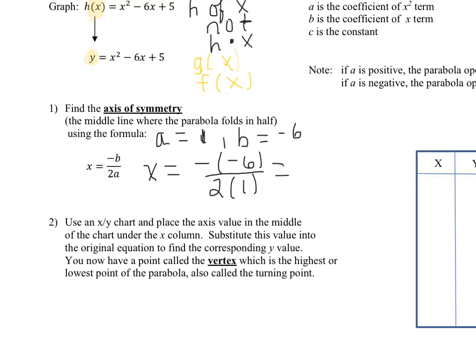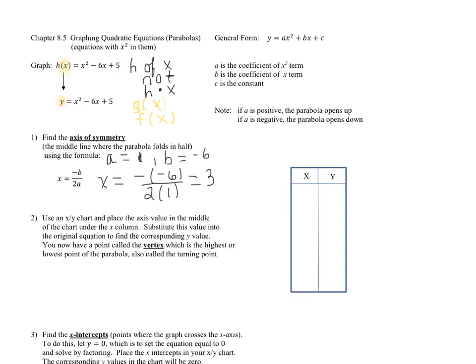So the top will be positive 6 and the bottom is 2, so we get 3. Now we're going to take the axis of symmetry value of 3 and put it in our chart in the middle.